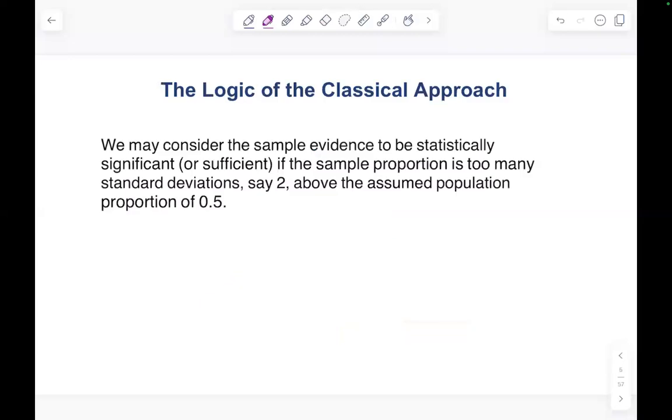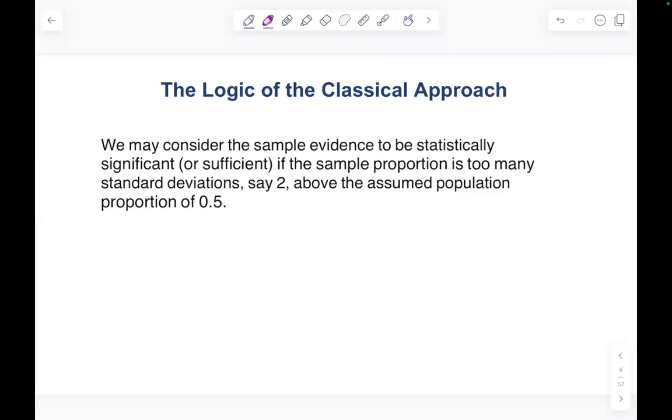So what would make our evidence statistically significant, which I can't say those words, sufficient, is if we were maybe 2 standard deviations away from the assumed population proportion, or we end up with less than 5% probability of it happening. Those are the two different things.